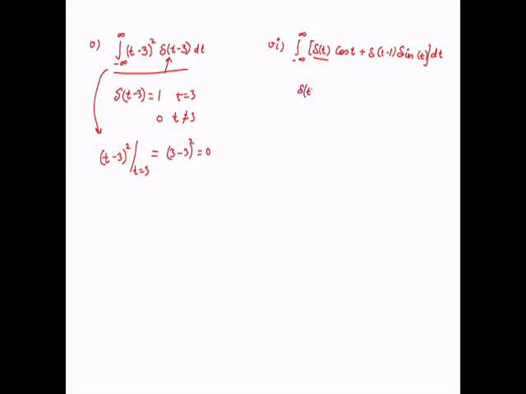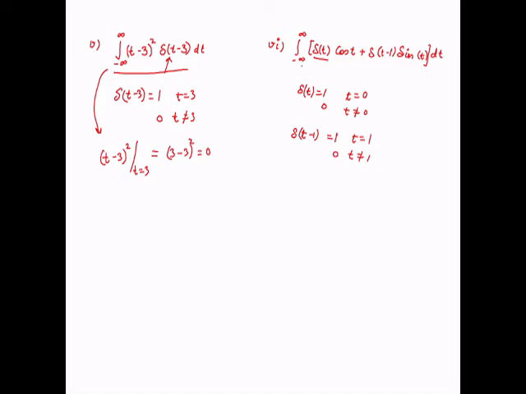Delta t has value 1 when t is equal to 0, and it is 0 when t is not equal to 0. In the same way, delta t minus 1 is equal to 1 when t is equal to 1, and if t is not equal to 1, then this is 0. So this is the representation.